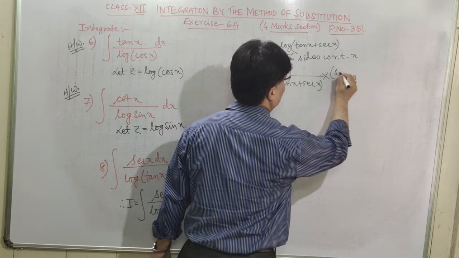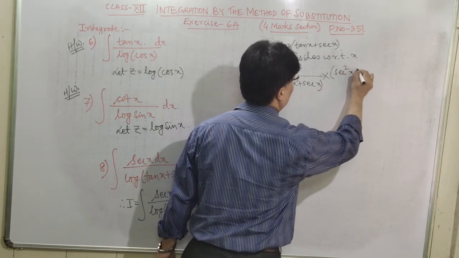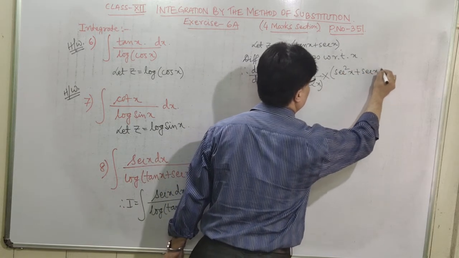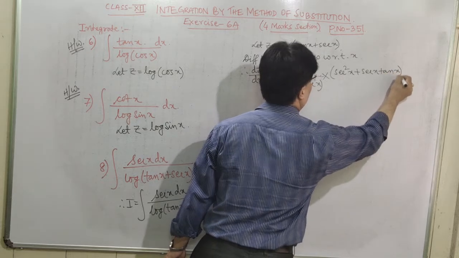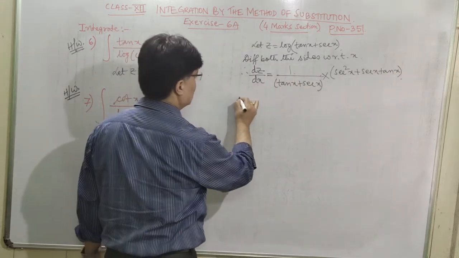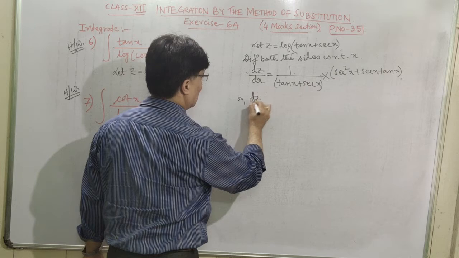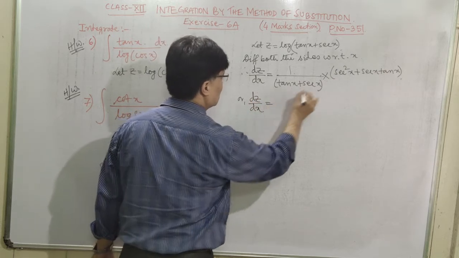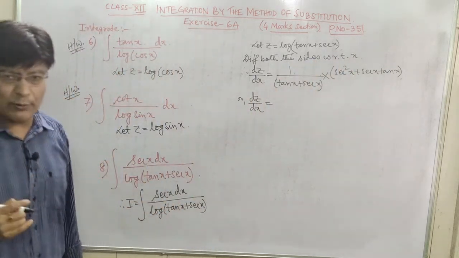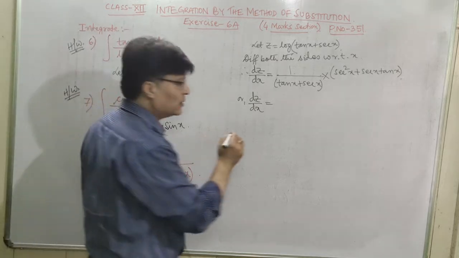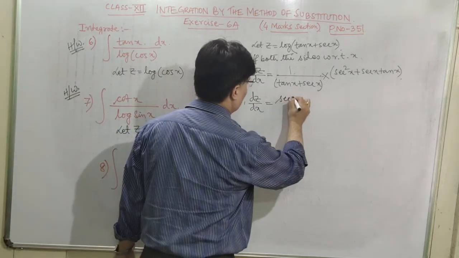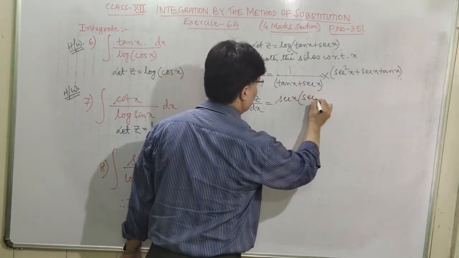What is the differentiation of tan x? It is sec square x. And the differentiation of sec x is sec x tan x. Right? So let us simplify it. Or dz by dx is equal to, in the numerator, what is common here? Sec x is common within the bracket.